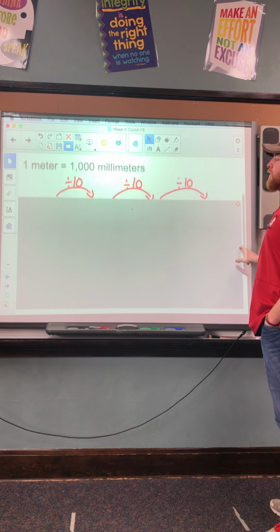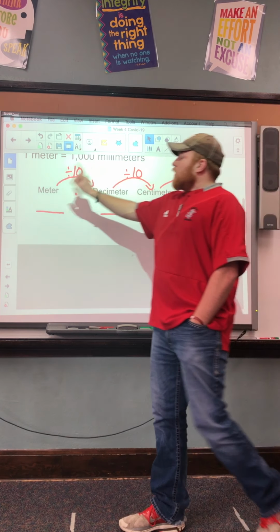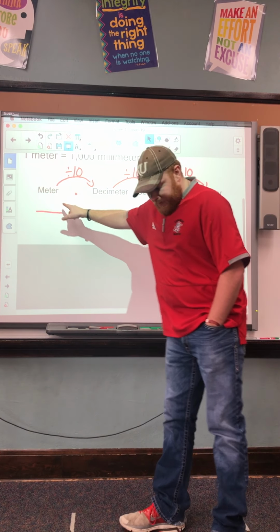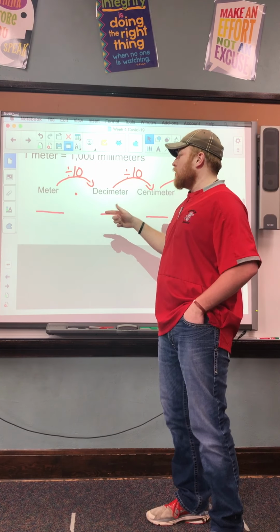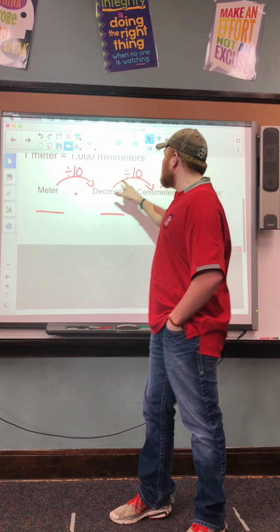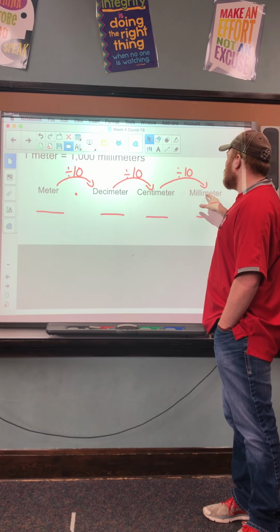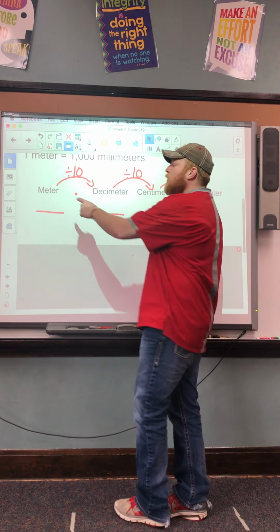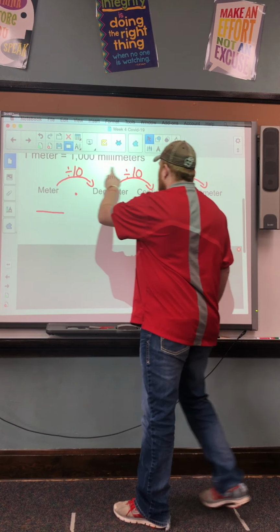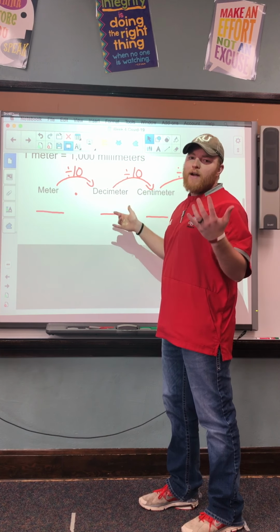When we go from a meter to a decimeter, we're dividing by 10. If we go from a decimeter to a centimeter, we're dividing by 10. And then from a centimeter to a millimeter, we're dividing by 10. Say we want to go from a meter to a centimeter. We combine these two together, we're dividing by 100.